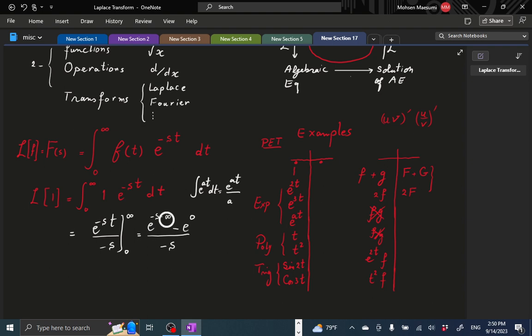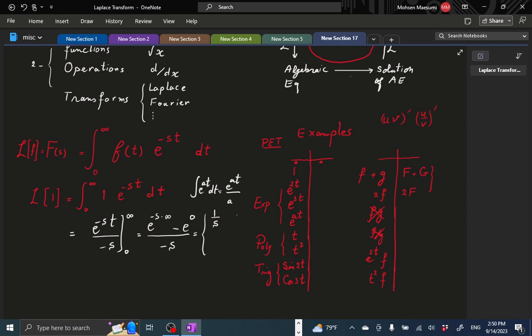Now we sort this thing out. If s is a positive number, then that minus s times infinity is minus infinity, exponential of minus infinity is 0. And this whole thing boils down to minus 1 over minus s. And when you simplify that, you just get 1 over s.